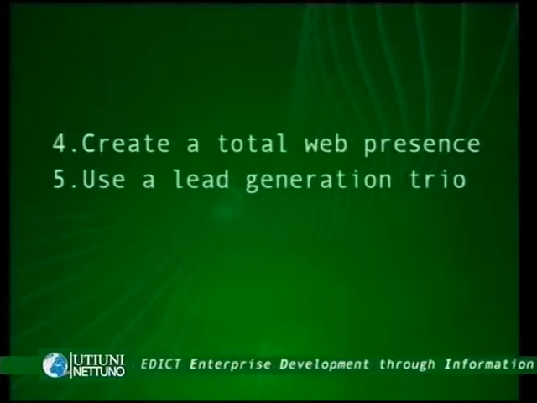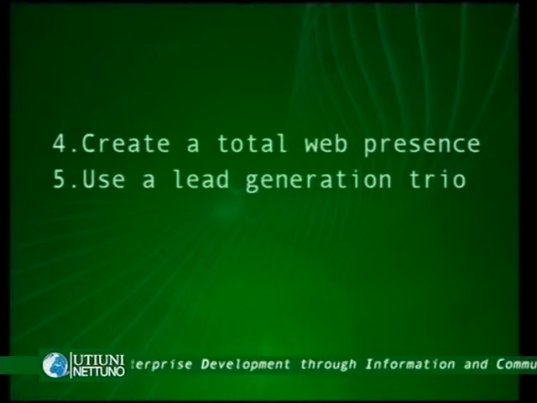Today we're going to talk a bit about a lead generation trio, the 3 elements of advertising, public relations, and referrals. In this particular session, we're going to focus on one of the elements because it's such an important element, which is advertising. And the next session we will dedicate to public relations and referrals.